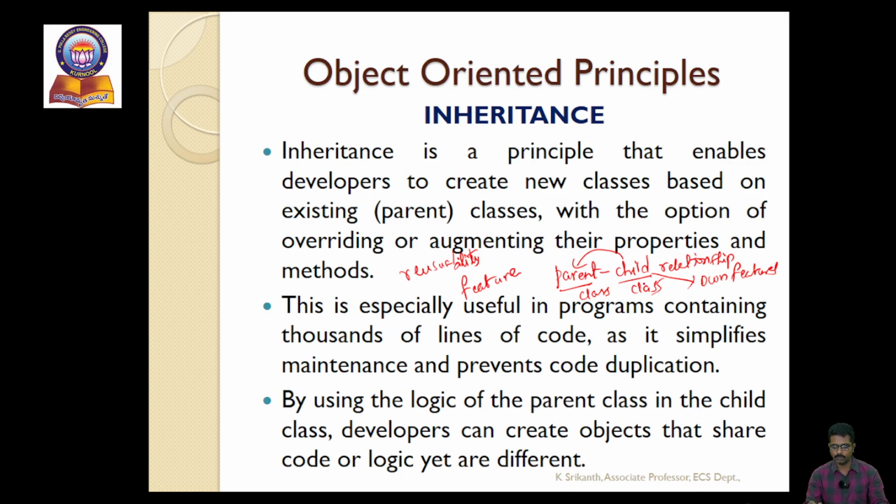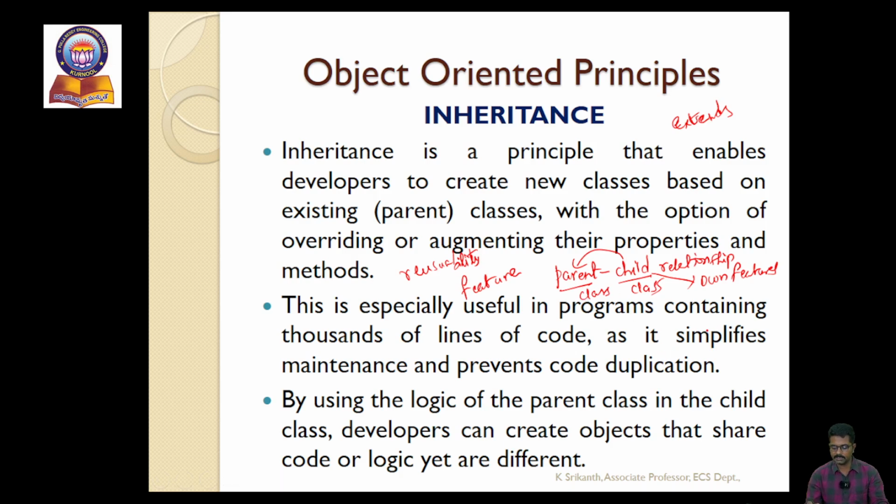So we need to go with a keyword called extends. We have a keyword called extends in the Java language to use the parent class within the child class. So whenever you extend the parent class to the child class, all the properties and behavior that are part of the parent class are inherited into the child class.